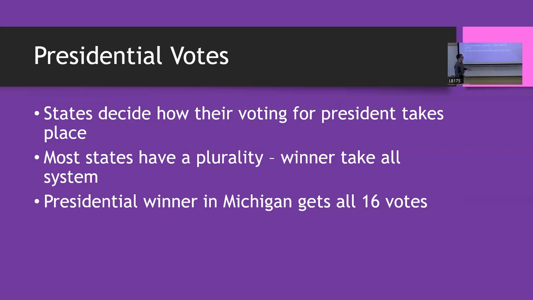And in 2020, Joe Biden won Michigan. And he took, I forgot, maybe either 16 or 15, I can't remember when the change happened. He took, let's say, 15 electoral votes. Does that work? So the presidential winner in Michigan gets all 16 votes, or in this case, all 15 now that we've lost a representative.